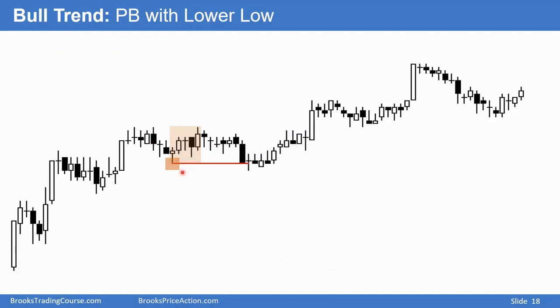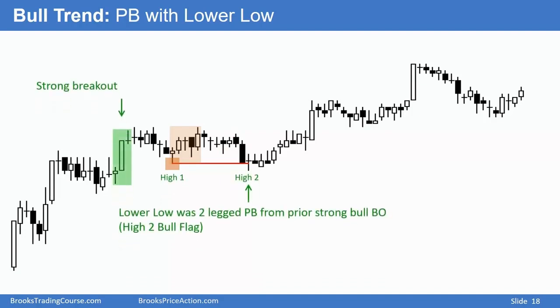Trading range, one leg down, a little bit complex, pullback, and the second leg down. Large high 2 bull flag, one leg down, pullback, 2 legs down, and the second leg down also subdivided and went down, up, and down. Still above the bottom of the major higher low, bottom of this bull breakout.